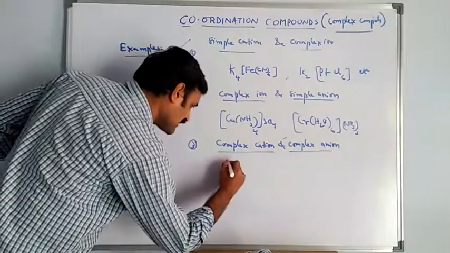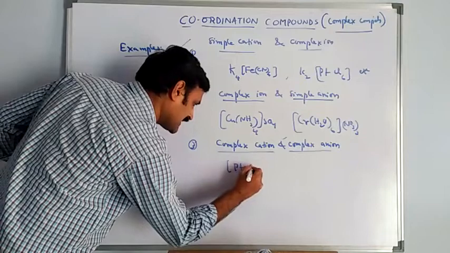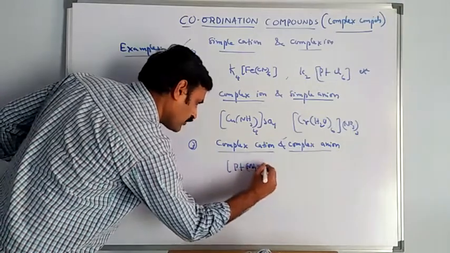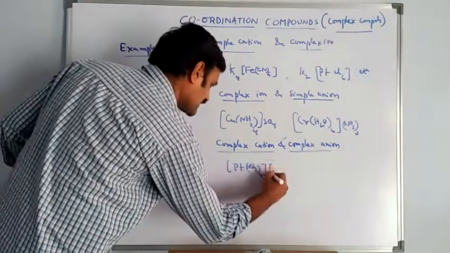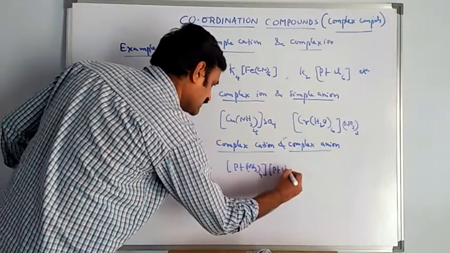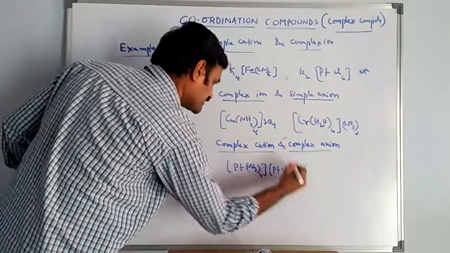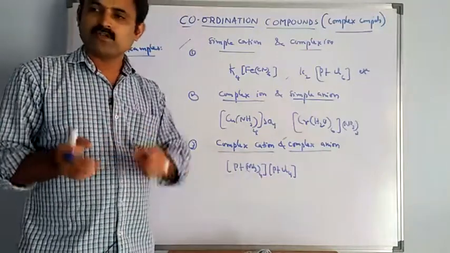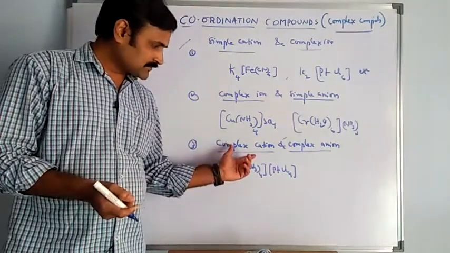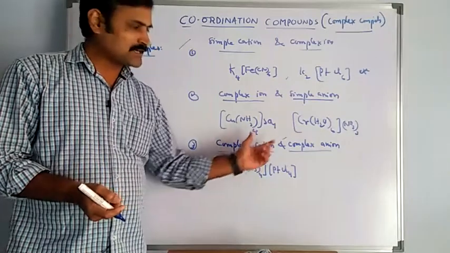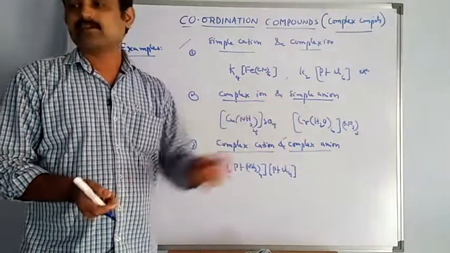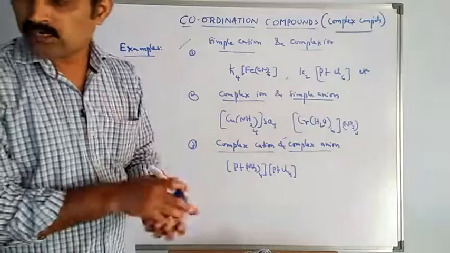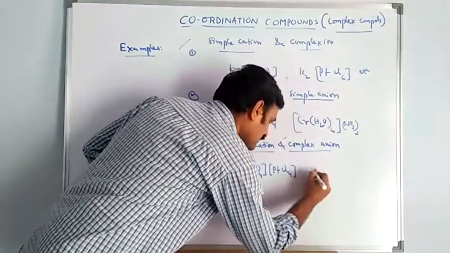In this example, platinum with 4 ammonia, next platinum with 4 chlorines. So this is one complex compound obtained by the combination of a complex cation and a complex anion. Likewise, we have cobalt complexes also.